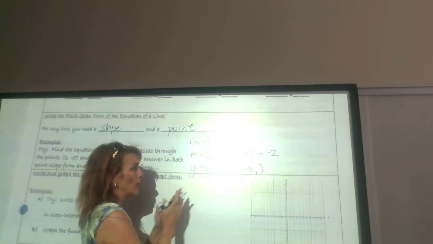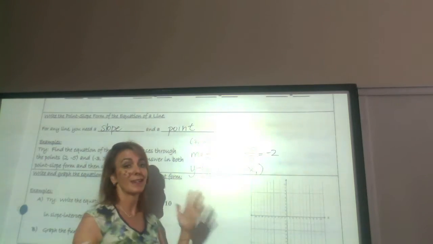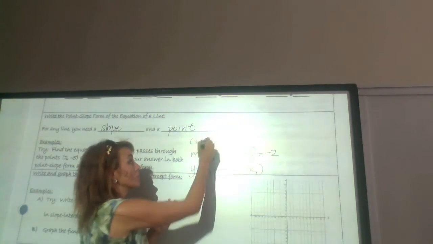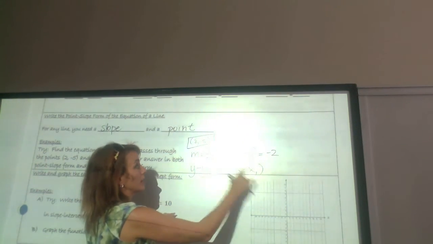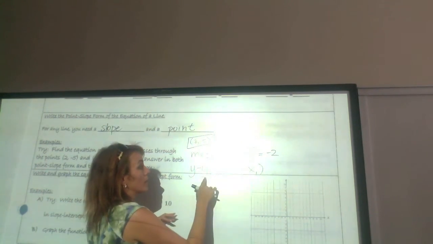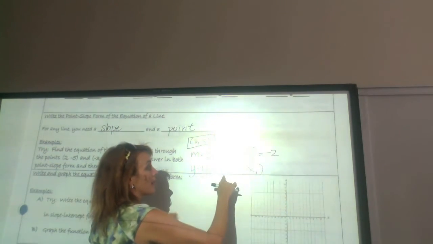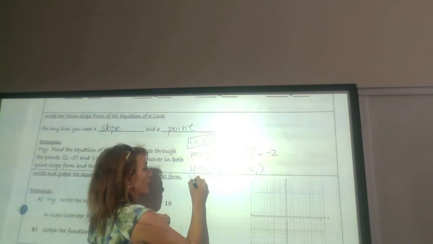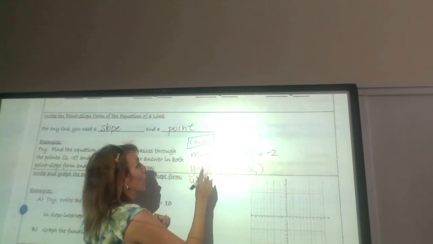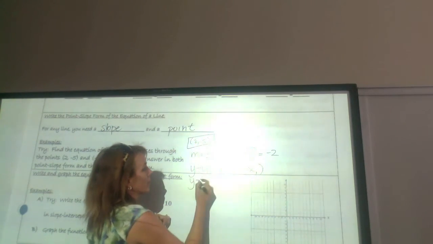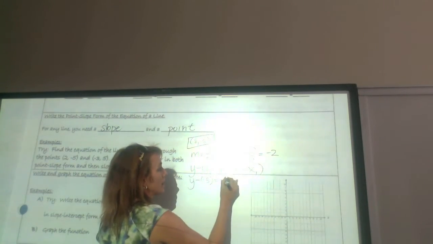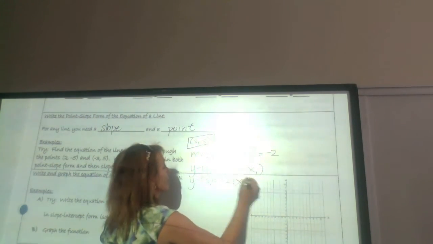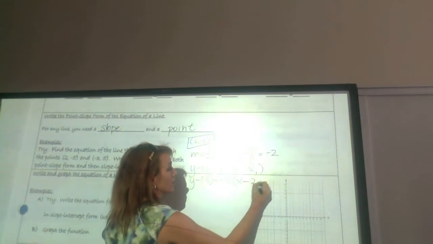All right, so let's plug in one of the points, and it doesn't matter which one. I'm going to choose the first one, and I'm going to plug in the x for x1, this y for y1, and this slope for m. And then I'm finished with that form. Y minus y1, -5, is equal to m, -2, times x minus x1, the 2.